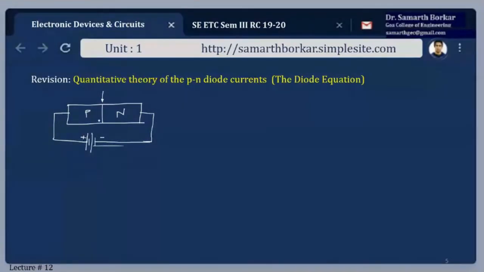Now, when we apply a forward bias to this diode, the holes, which are the majority charge carriers, are injected into the N side. Now, due to the concentration gradient, which seems to be a complex term, but concentration gradient means uneven population.